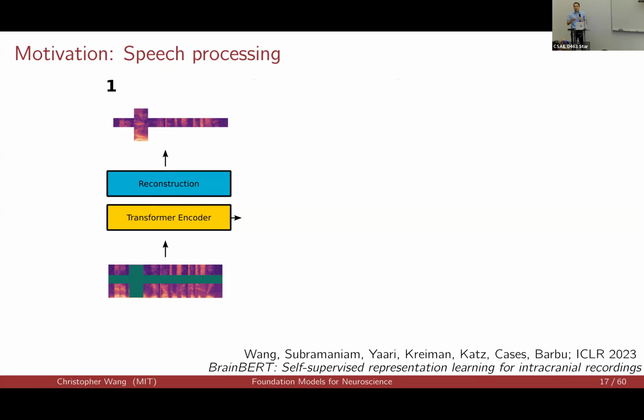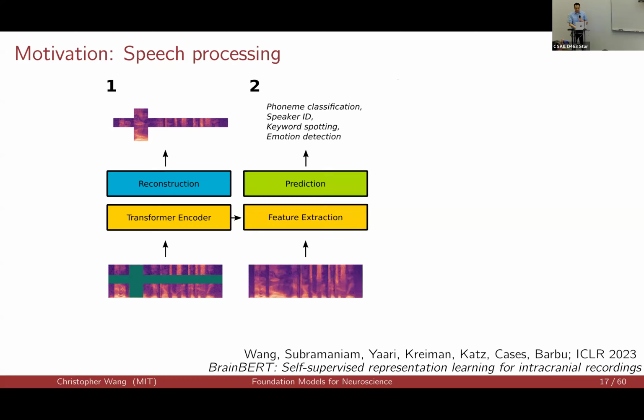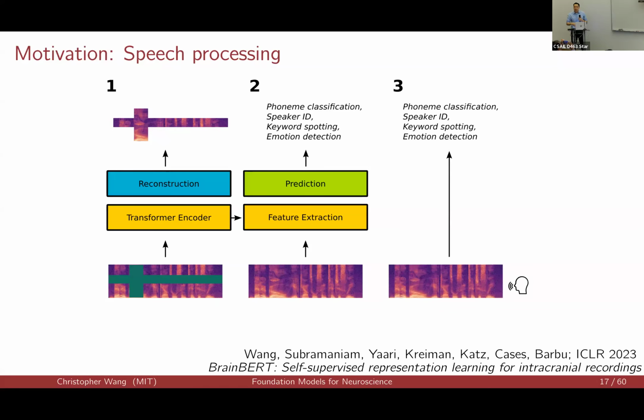For example, masking parts of the audio spectrogram, and then the model needs to reconstruct what was masked. Then, in the second stage, the fine-tuning stage, the model learns to map the representations it has learned to English text. And then you can do something like automatic speech recognition with your trained model.